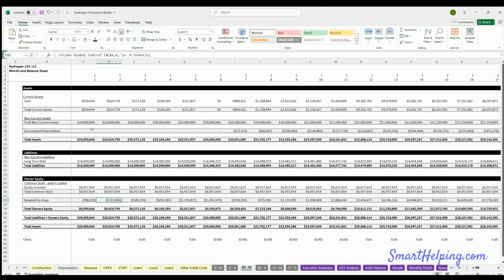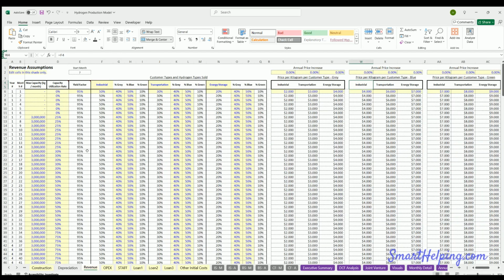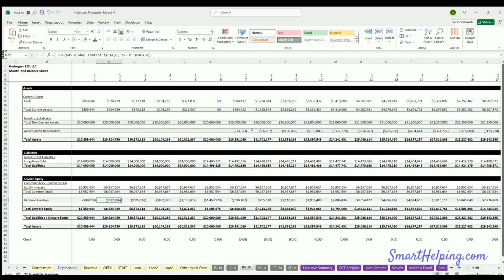Your balance sheet is basically going to show you cash, fixed assets based on your CapEx, and accumulated depreciation, which starts based on when the project starts. This is dynamic, so the logic knows when you switch from not having capacity to having some number, and that will drive when depreciation starts on the balance sheet. Then your debt over time, equity invested, and retained earnings.